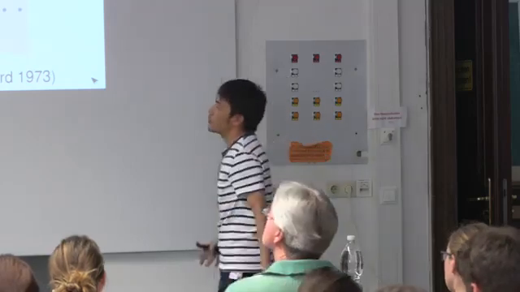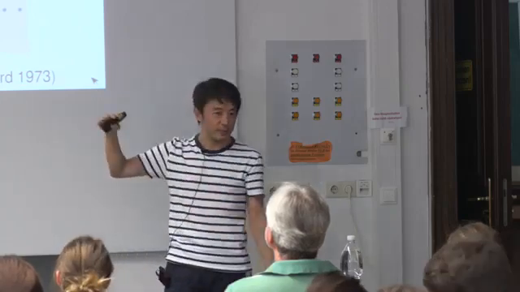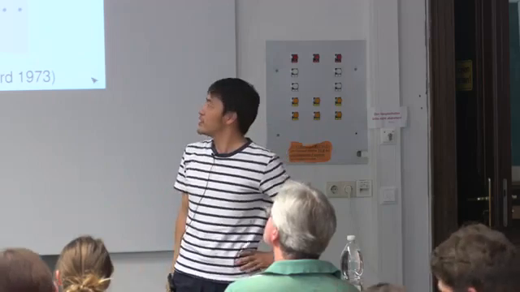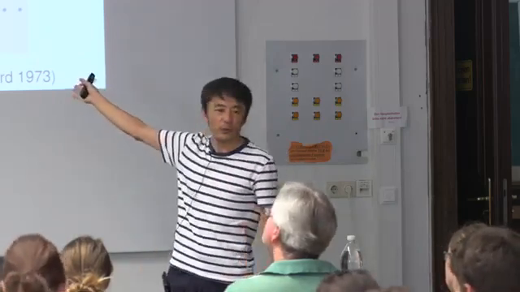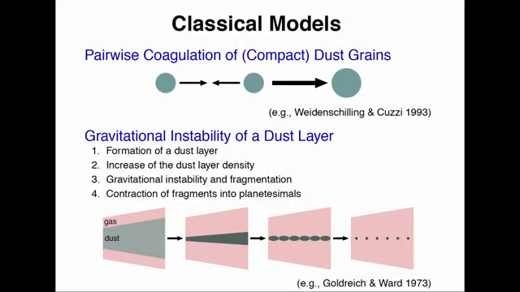But from the observations, we can estimate the strength of the turbulence of the protoplanetary disk, and now I think we agree that it's very difficult for this kind of mechanism, because the protoplanetary gas is a little bit too turbulent. So then how can we form planetesimals?